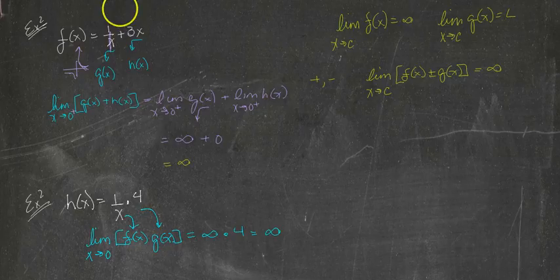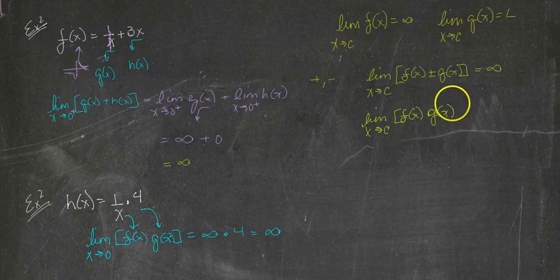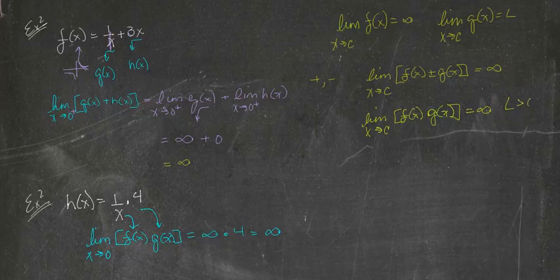So the generalized rule says that the limit as x values approach c of f of x times g of x equals infinity times L, which just equals infinity, as long as L is greater than 0.